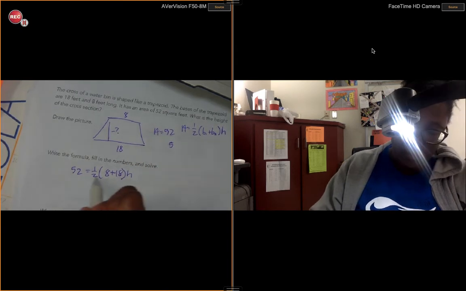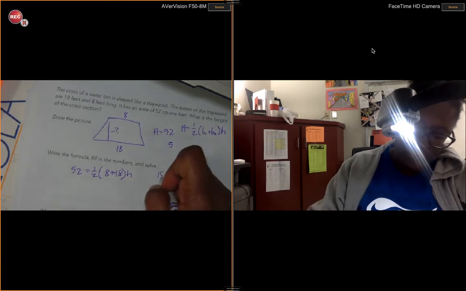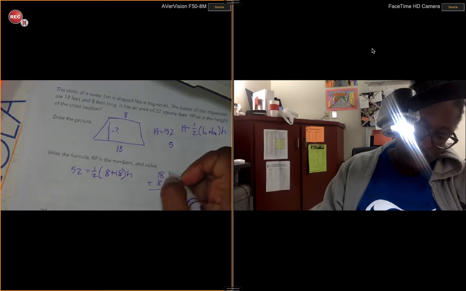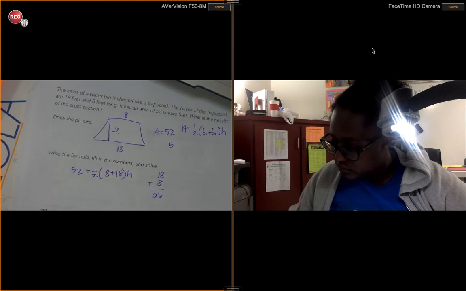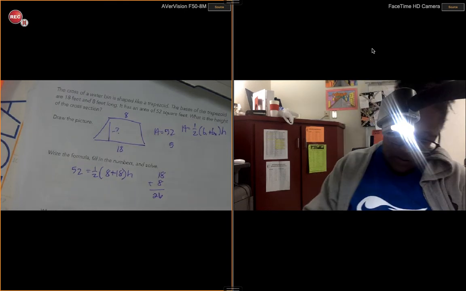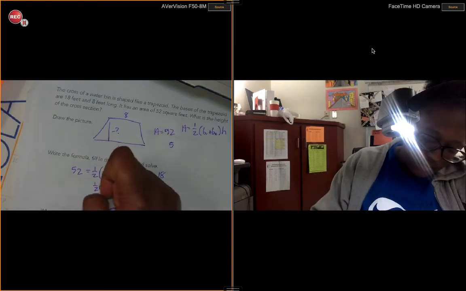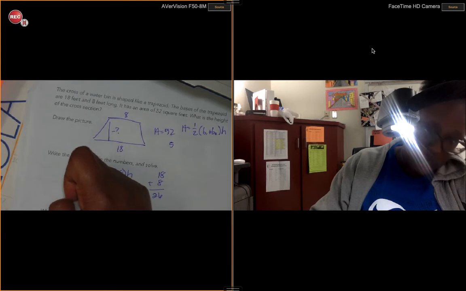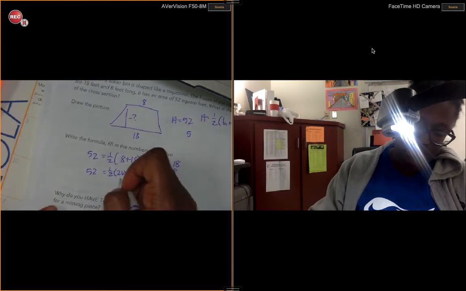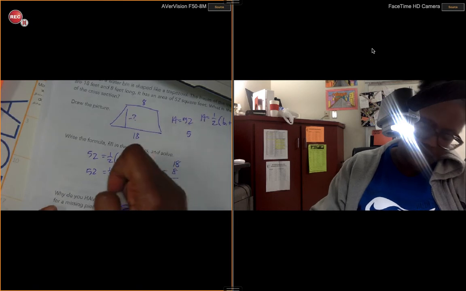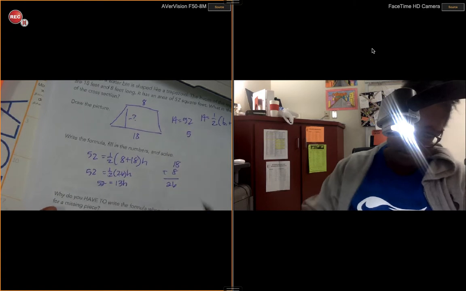So we're going to multiply everything we can here. 18 plus 8 is 26. So we have 1/2 times 26 times h equals 52. Now I need to do half of 26, which is 13. So I have 13h equals 52.